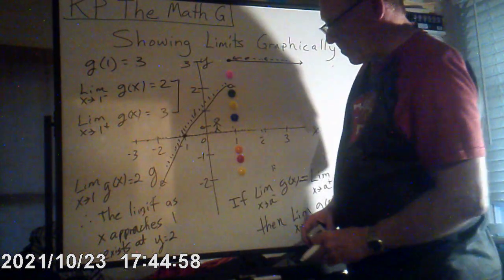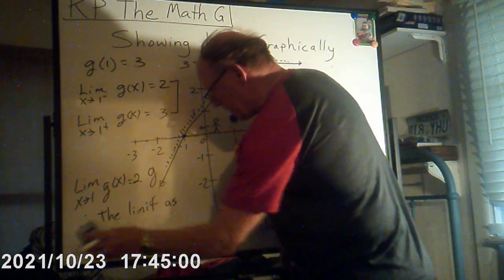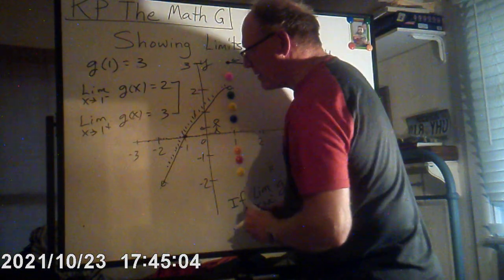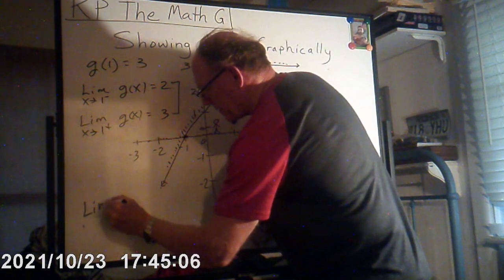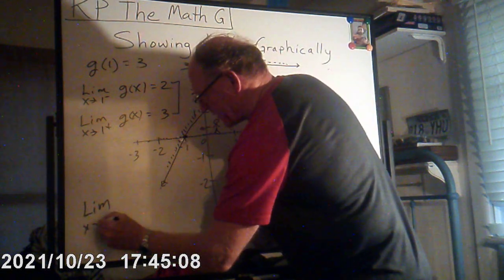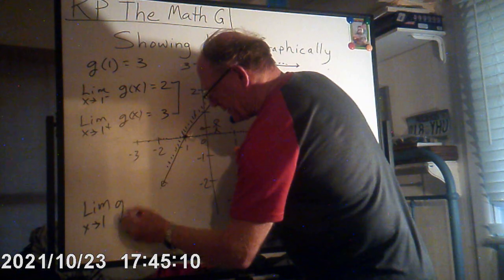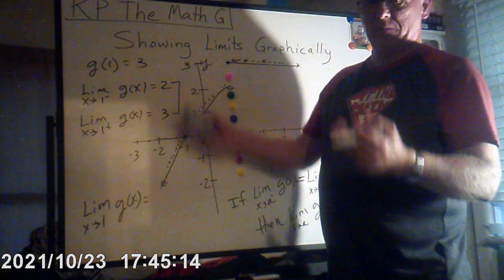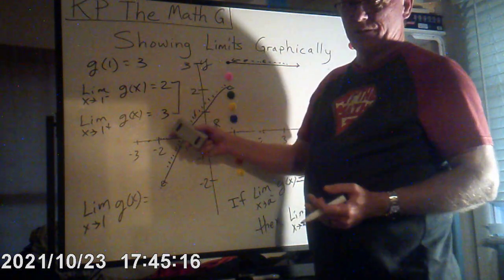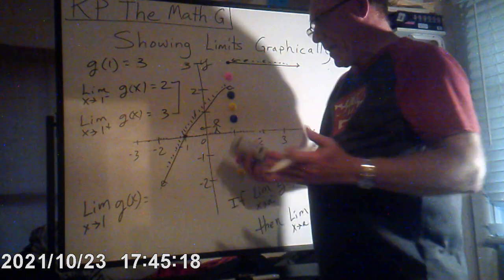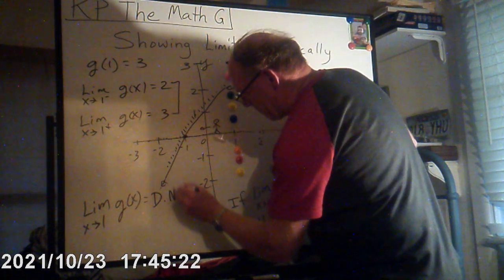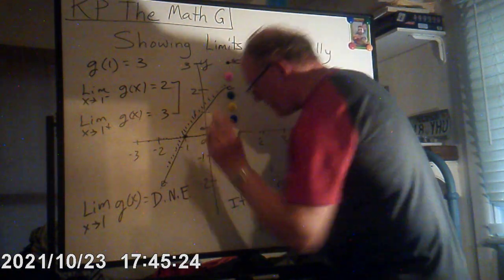So, what we have here, what can we say about the limit? The limit as x approaches 1, g at x. Is it 2? Is it 3? It's 2 different answers, isn't it? So, being that it's 2 different answers, the limit does not exist.